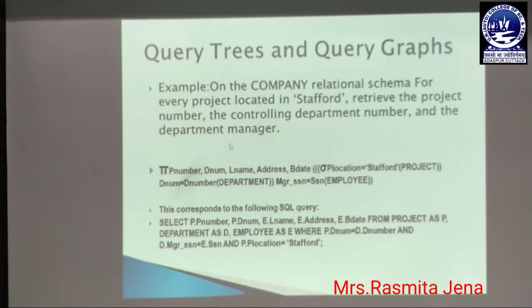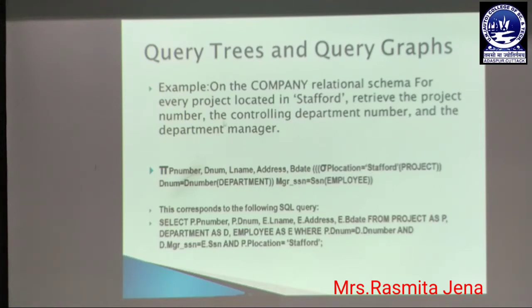So in this query we will retrieve the department manager's last name, address and birth date, and also the first name and the department number of the project which is located at the Stafford location. And this is the representation in relational algebra for this query.